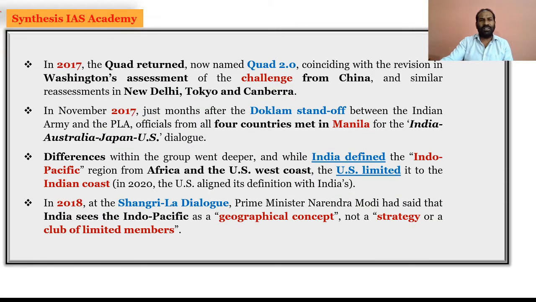And then further in the year 2017, we have seen the return of the Quad, named Quad 2.0.